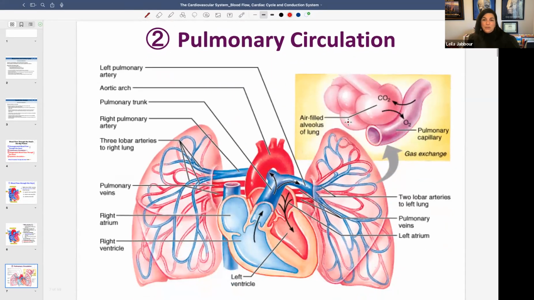All right, so I jumped the gun a bit here. I found this illustration to be quite nice for the pulmonary circulation. Usually it's not really shown when we talk about the blood flow through the heart, and we just say, oh, it goes to the lungs and it comes back. So I just wanted to show you that this is deoxygenated blood going to both sides of course, the two lungs, and there will be capillary beds.